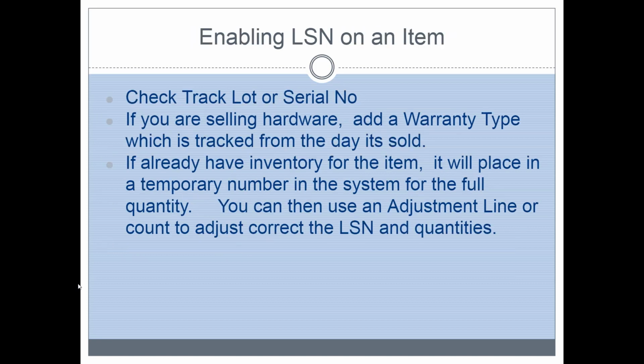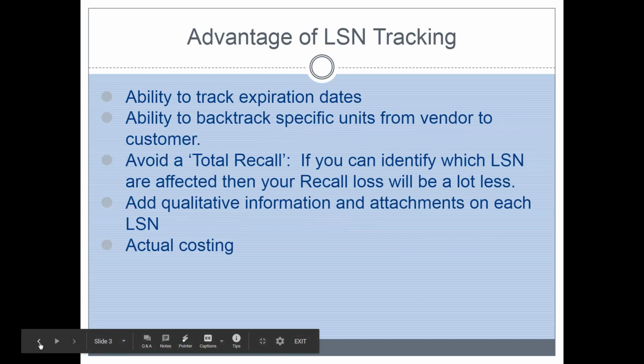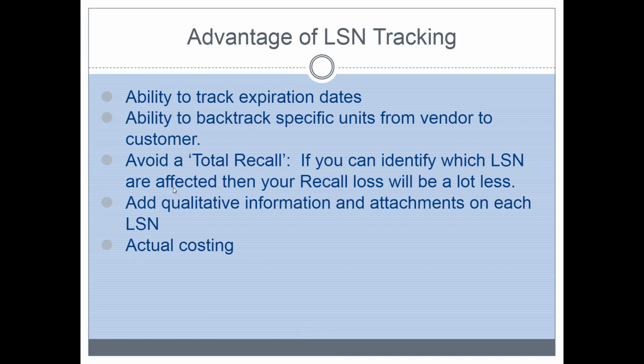Now you can also add a lot of information on each lot or serial number to give it context. It's not just a number. It can also have an expiration date. It can have a description. It can have up to 30 custom fields, and you can even add attachments like certificates of compliance.